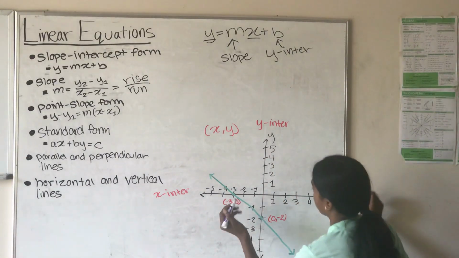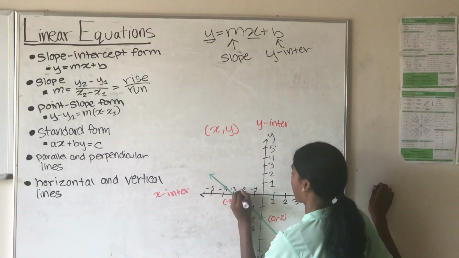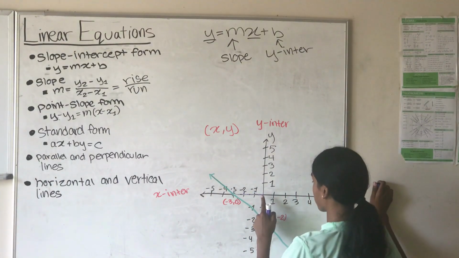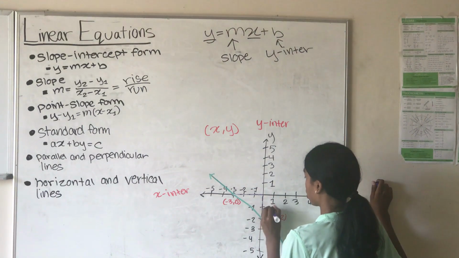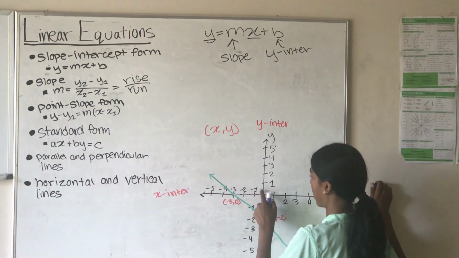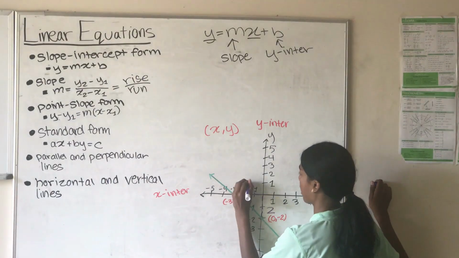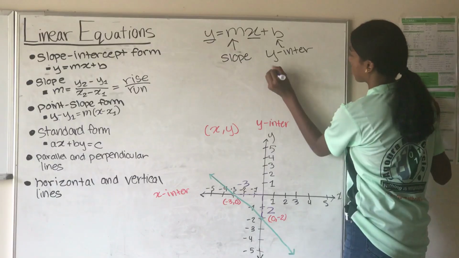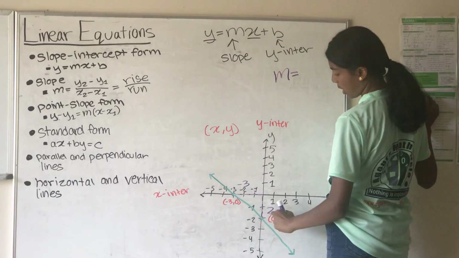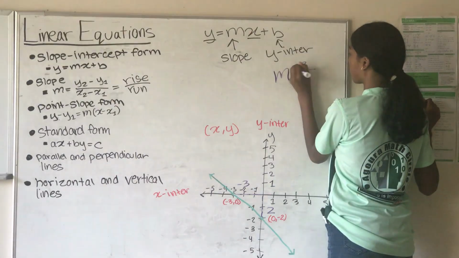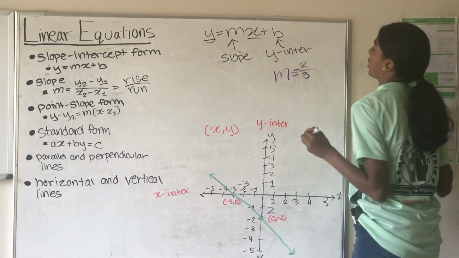So we draw a little growth triangle here, and you see it goes up 2, and it goes to the left 1, -1, -2, -3. So if it goes up 2 and goes to the right 3, then our slope is going to be 2 over -3, which will also equal -2/3.